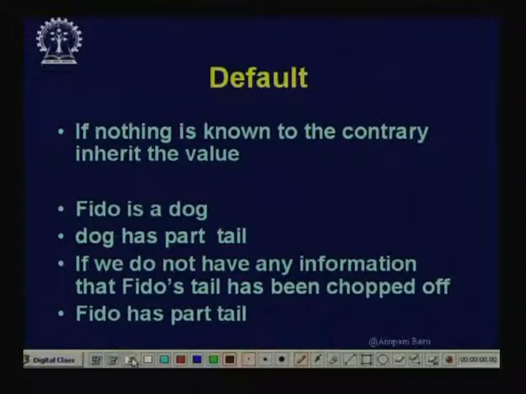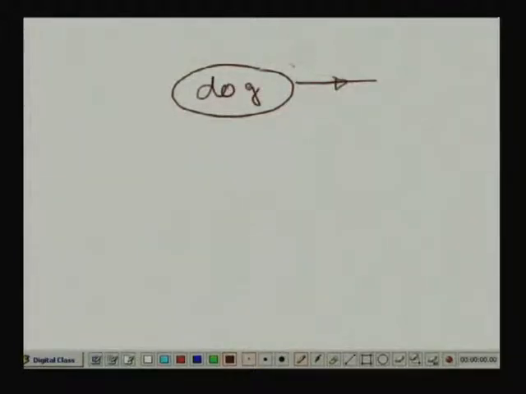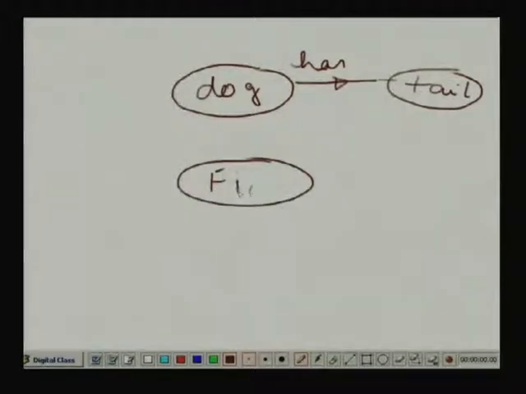So, if we have this, that dog has tail, and I have got Fido is a dog, then I can say that Fido has tail.